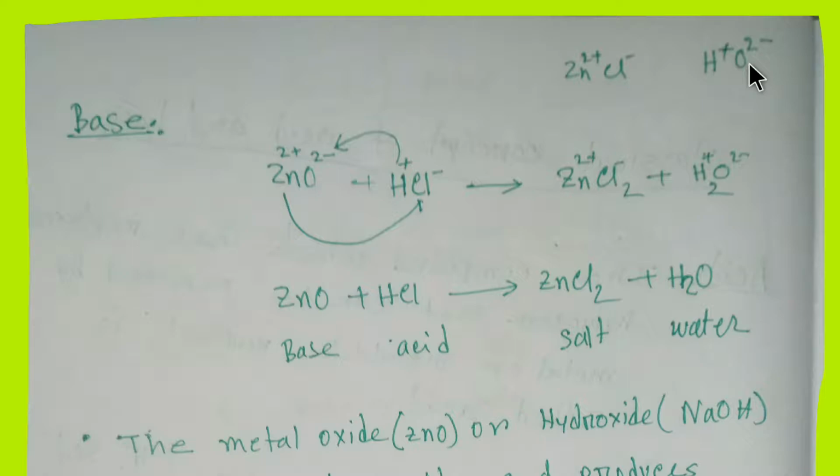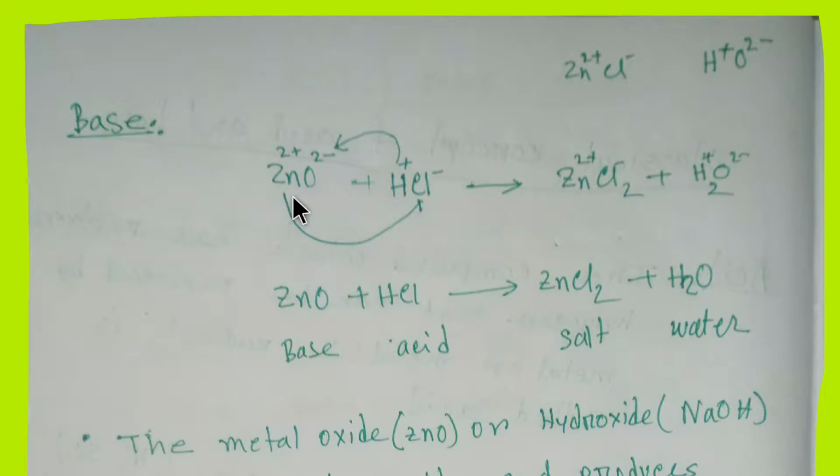However, to write the formula of water, we have to take two hydrogens because we need to neutralize two negative charges, so we need two positive charges. For this we are taking two. Similar logic can be applied to write the formula of zinc chloride.